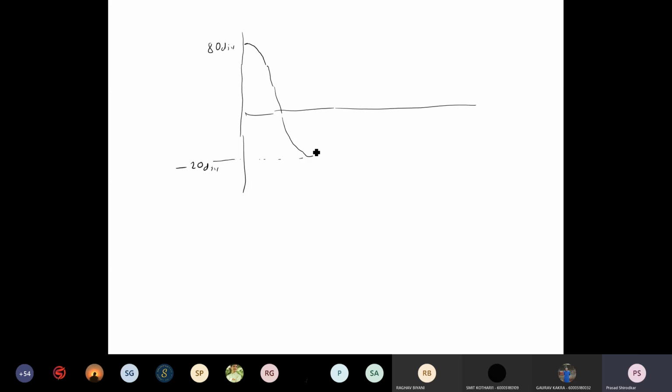Then it again comes back on the other side, and now the displacement is 5 divisions. If you see this graph, obviously the time period is 2 seconds, and the system is underdamped.